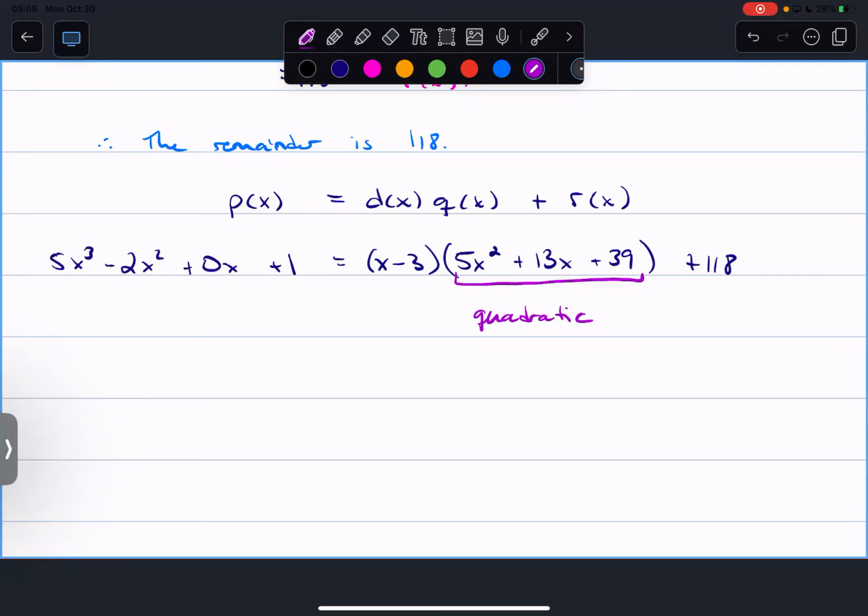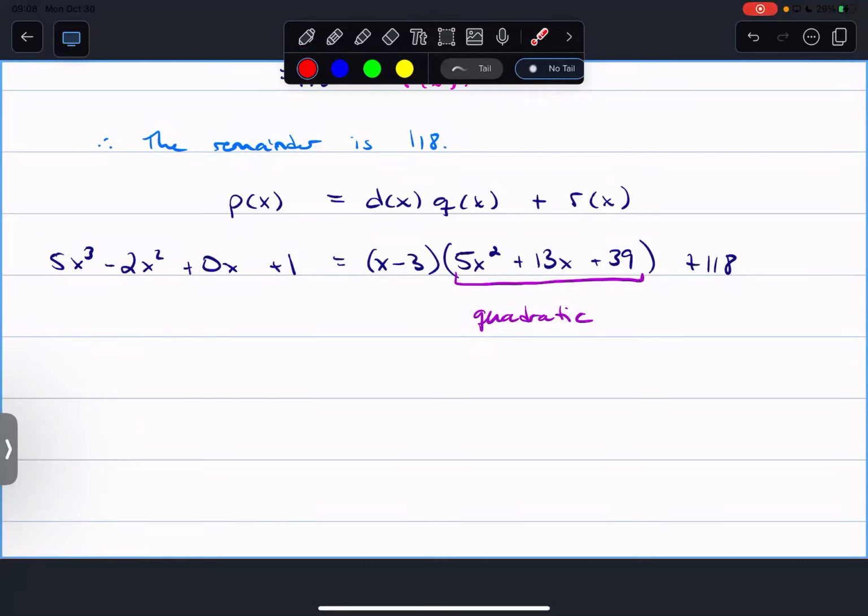Negative. Uh-oh, what's that mean? There's no solutions. Probably a reason we don't go down that rabbit hole. But what does that mean? It means that there are no roots.